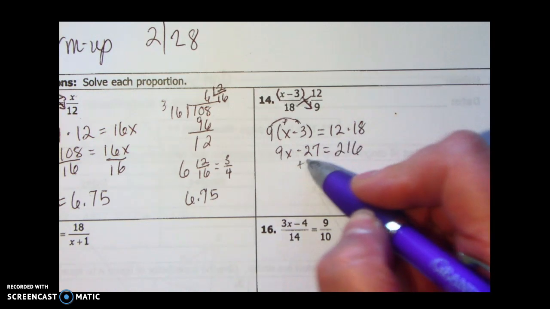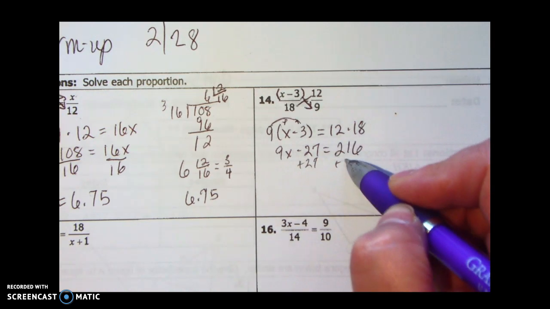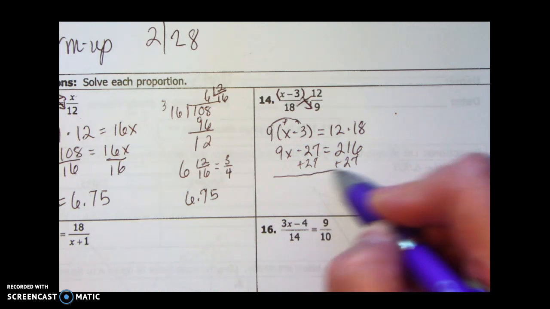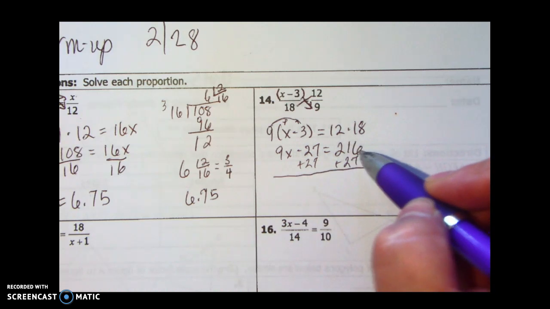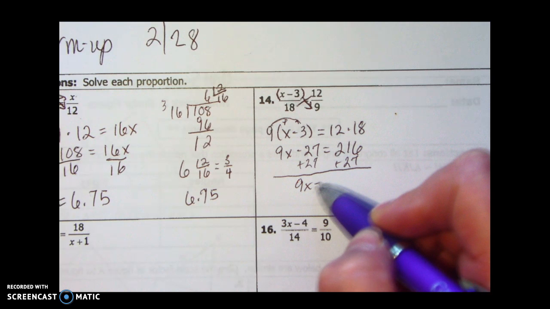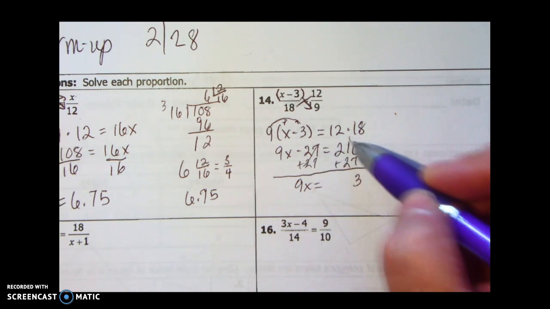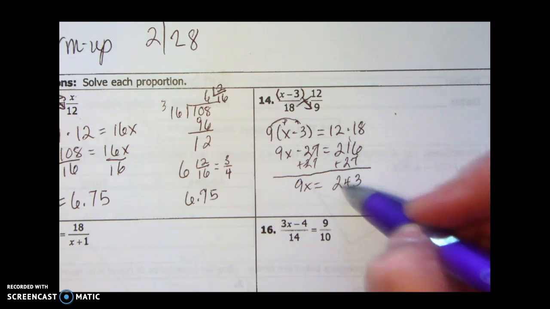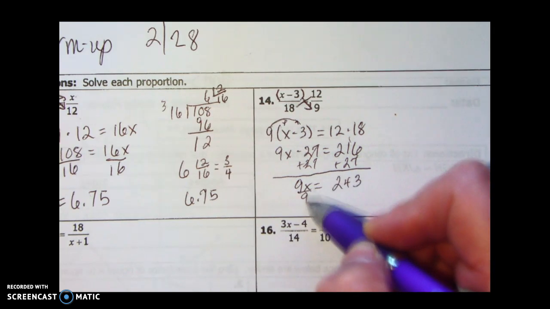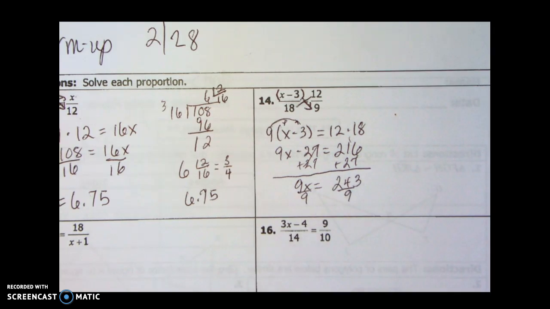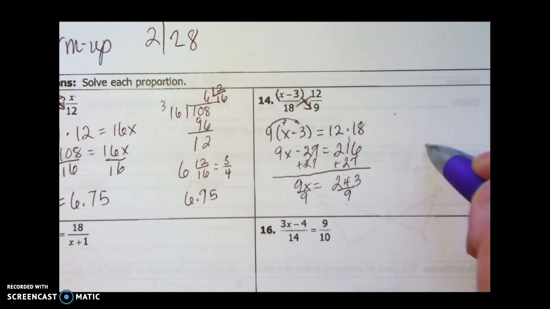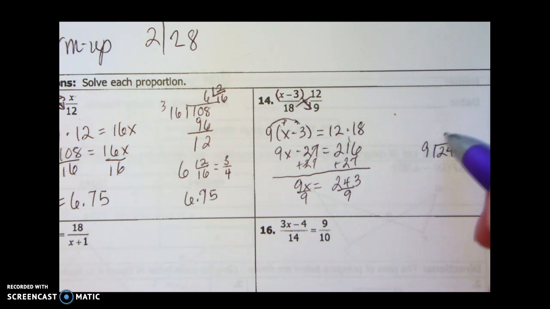And then we add 27 to both sides. 9x equals 243. We divide. 9 goes into 243. 9 goes into 24 2 times, 18, 6 left over.